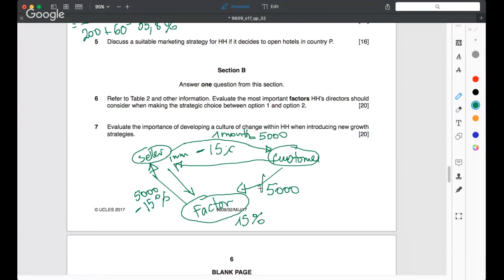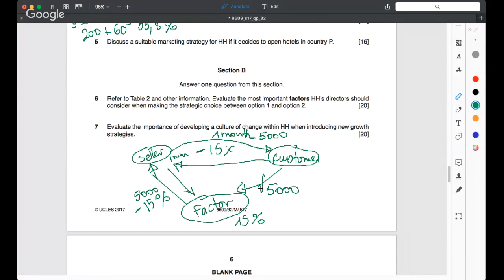I would start this question by doing a brief outline of exactly what the options are. Definitely. And then you say the factors that HH directors are considering to take a decision. I'll probably start with financial stuff. So you explain the options first.